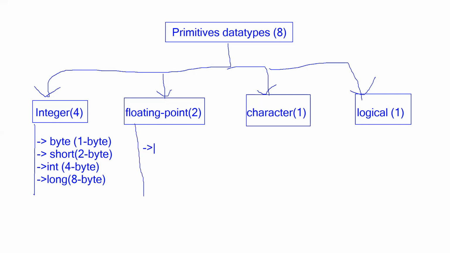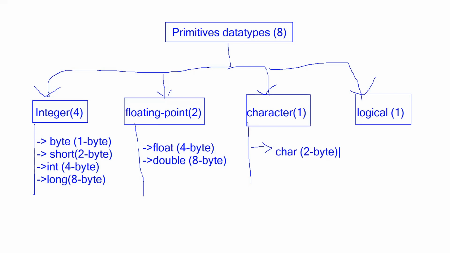There are 2 data types given to deal with floating point data: float, whose size is 4 bytes, and another one, double, whose size is 8 bytes. All right. To deal with a single character data, we have a data type called char, whose size is 2 bytes.